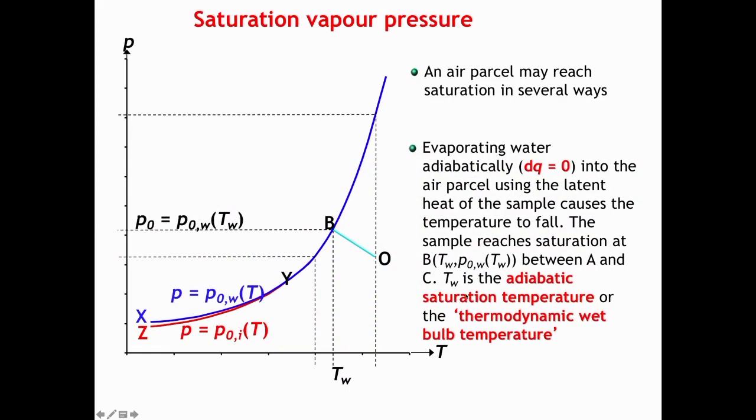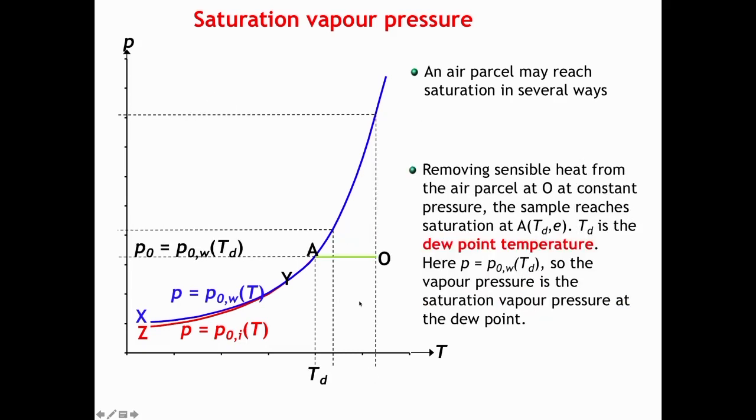And that, the adiabatic saturation temperature, is the thermodynamic wet bulb temperature. Are you familiar with wet bulb measurements? Dry bulb and wet bulb measurements. So if you adiabatically evaporate the water, you get to the adiabatic saturation temperature.